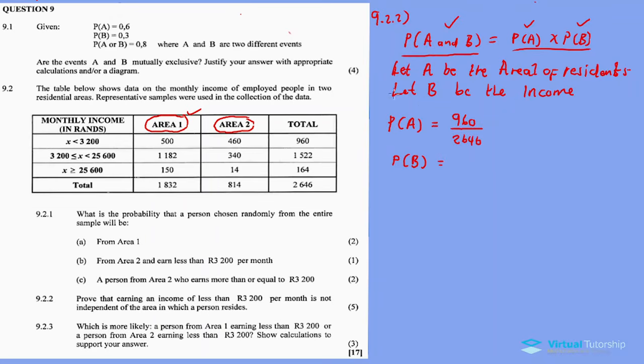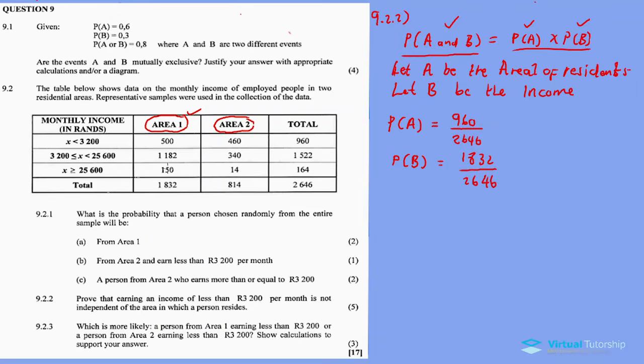Take the total income in area 1, which is 81832 divided by 2646. So let B be the income. There is not only one income in area 1, there are other incomes.